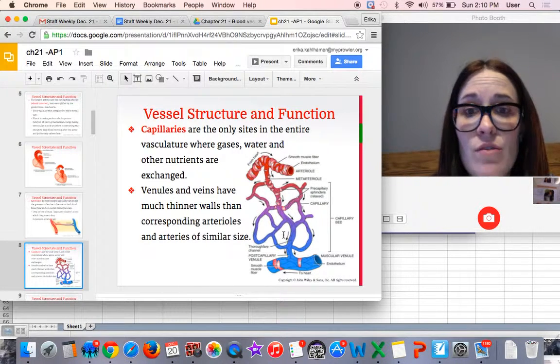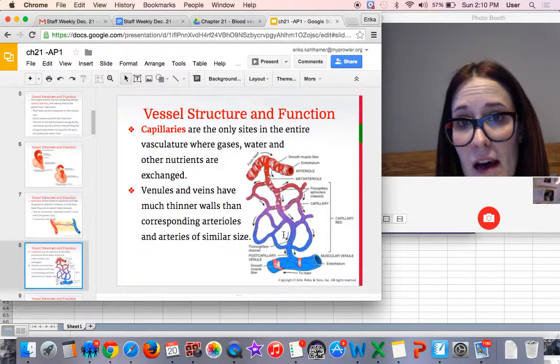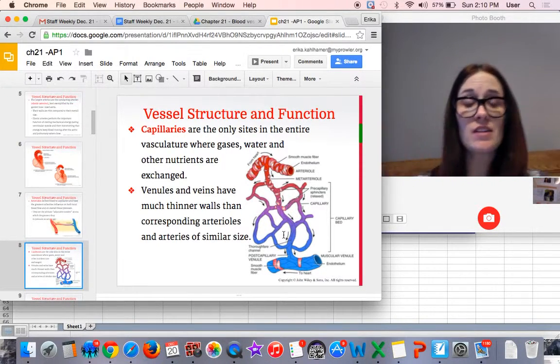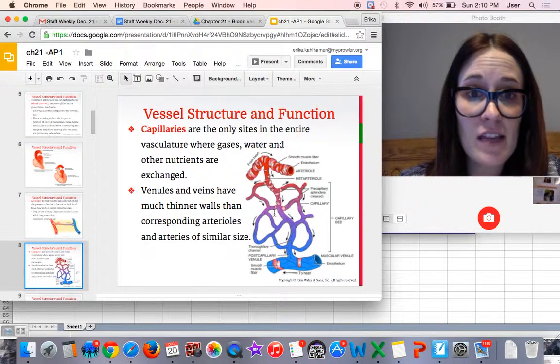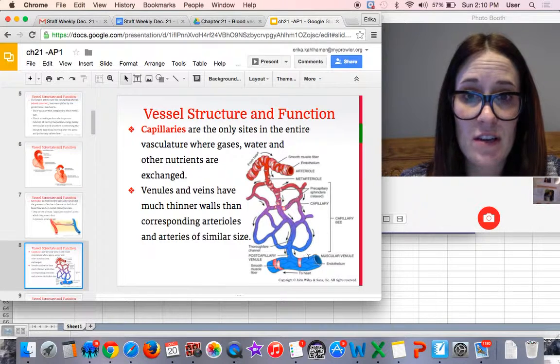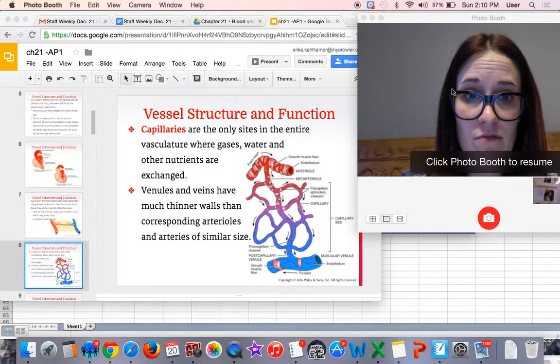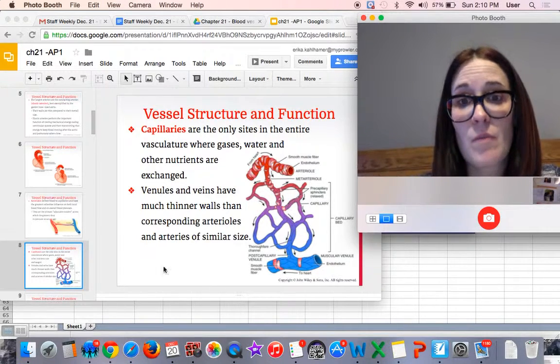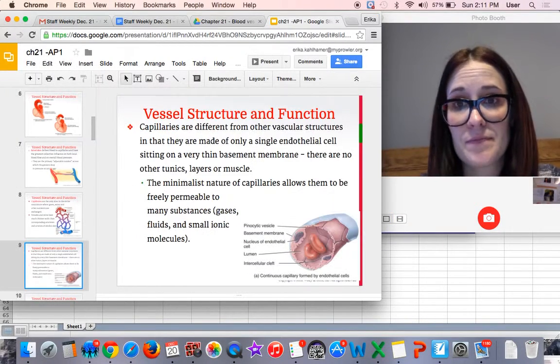Just that endothelial lining, which makes it easier for gases and nutrients to be exchanged. After the blood leaves the capillaries, you can also see it turning color here. It loses that oxygen, and these are venules that then will carry that deoxygenated blood back toward the heart.